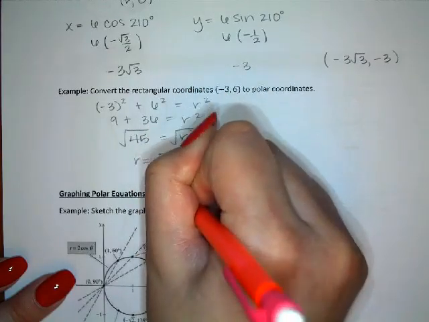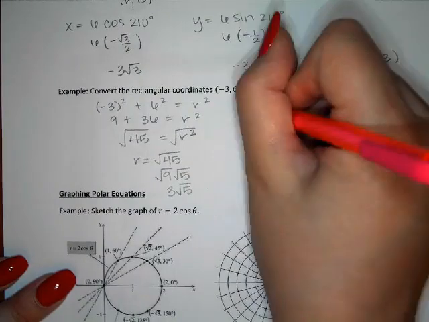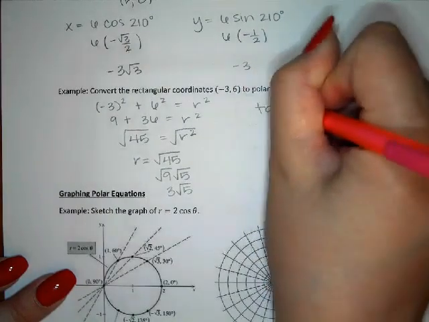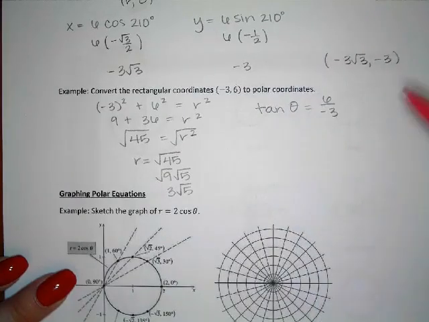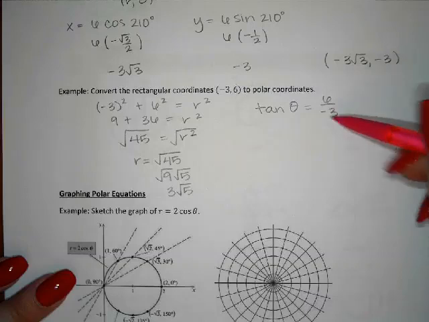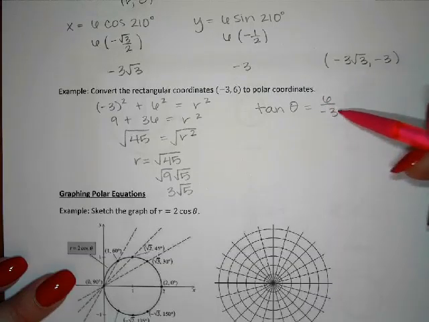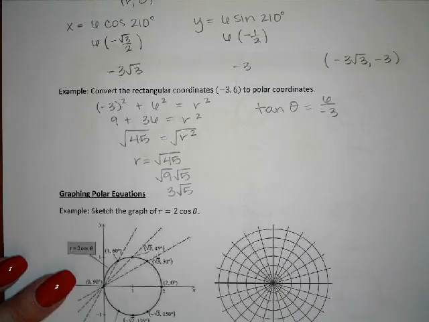And then for the angle, I have tan theta is y divided by x. And this is just -2. This is not a tangent value that is on the unit circle. A ratio of -2 does not show up on the unit circle for tangent, and so this is a calculator problem.